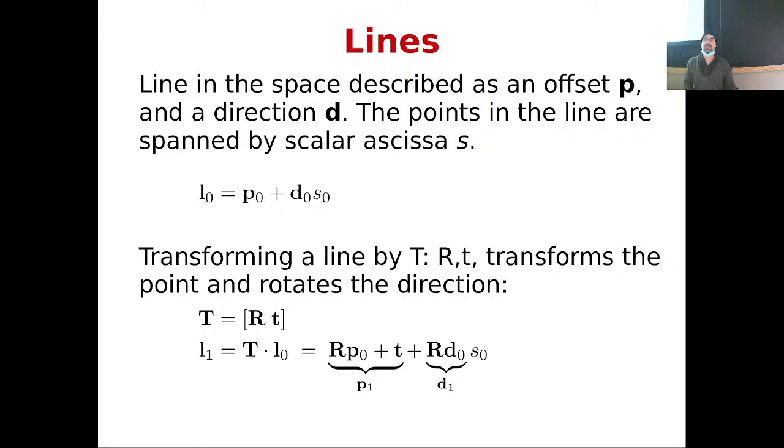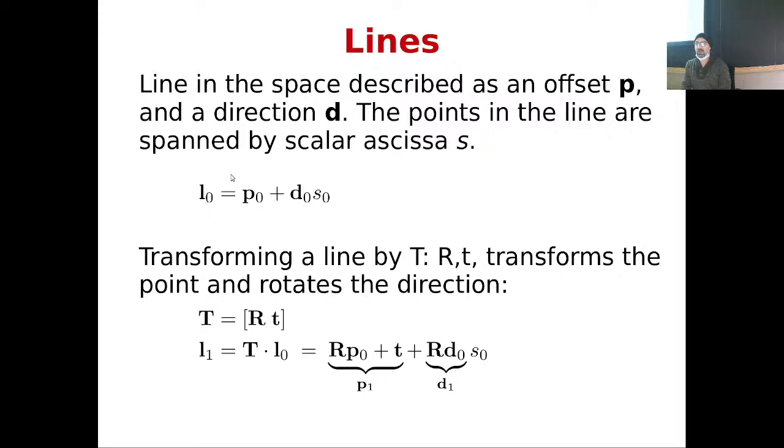Just consider that a point in the space is 3 parameters, but the line is invariant towards translation along its own axis, so I lose 1 degree of freedom. Then a direction is also constrained, and I lose 2 degrees of freedom. I had 6, and now I have 4. Agreed? Very good.